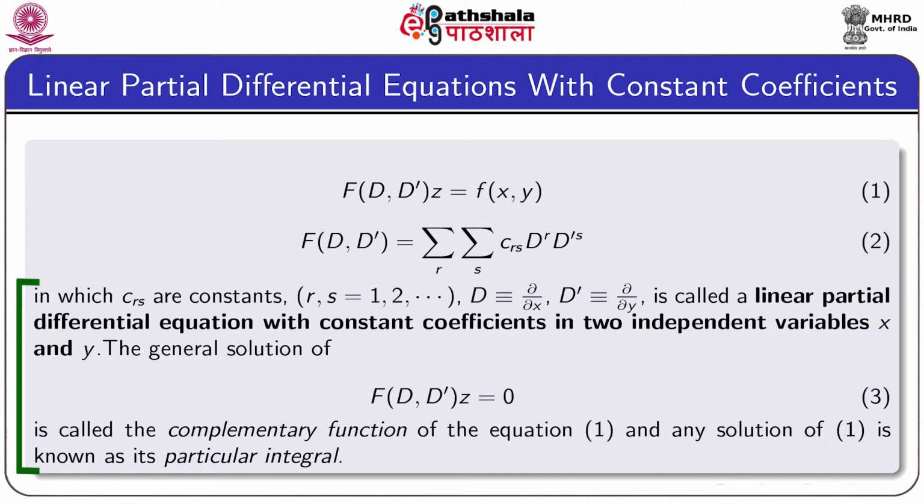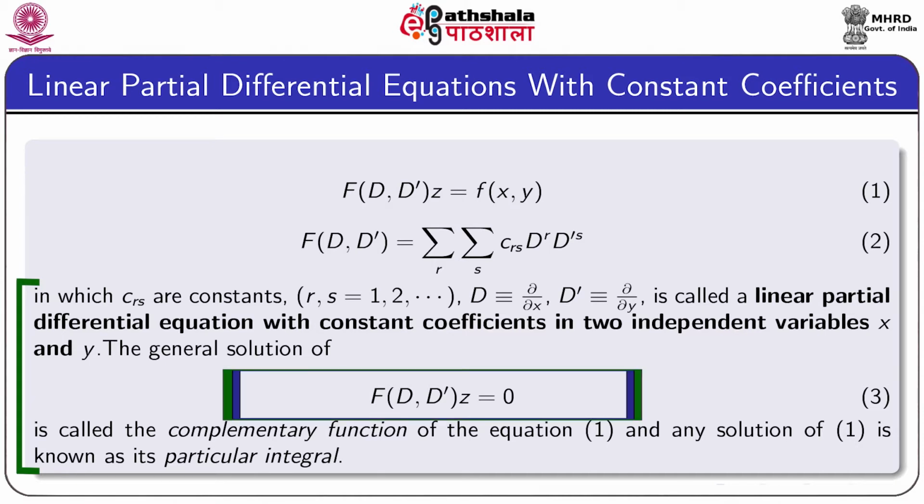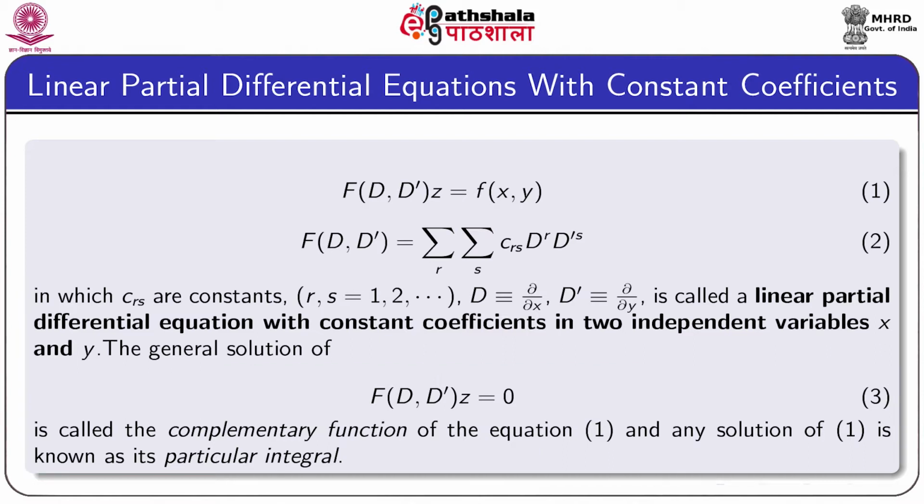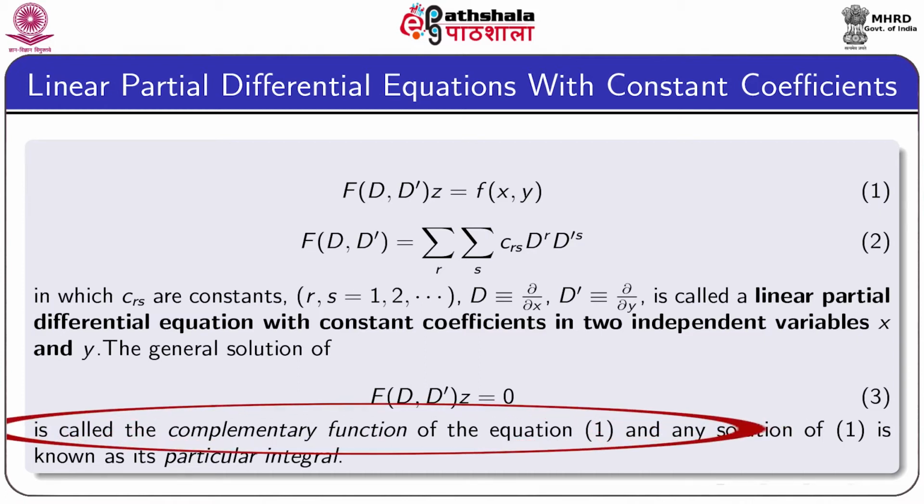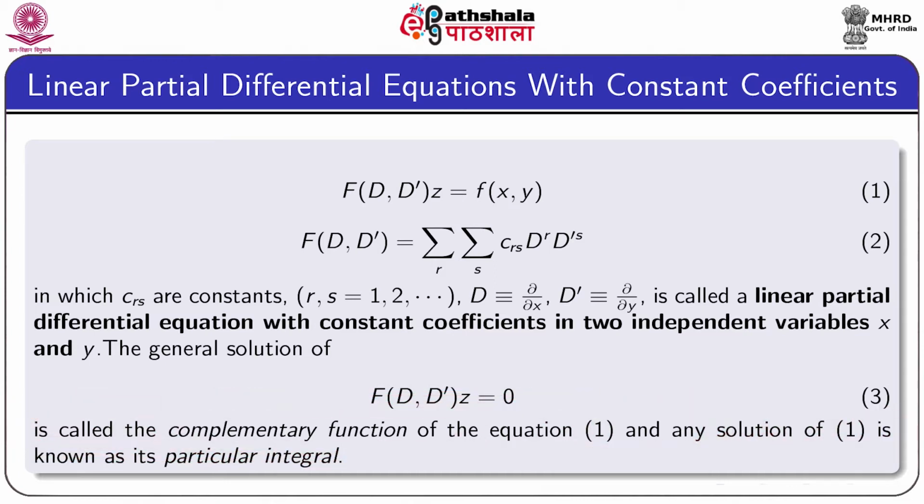Now, we shall first discuss the general solution of the equation F(D, D') z equals 0, and the general solution of the equation written in equation number 3 is called the complementary function of equation 1, and any particular solution of equation 1 is known as its particular integral.